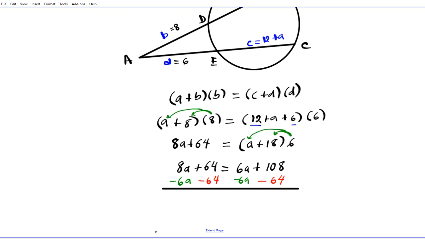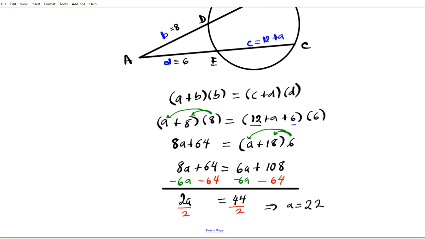Remember, solving algebraic equations with variables on both sides in Algebra 1, that's what we're doing here. Okay, so you subtract, you have 2a equals, this adds up to 0. 108 minus 64 is 44. Divide both sides by 2, and your final answer, a, is 22.